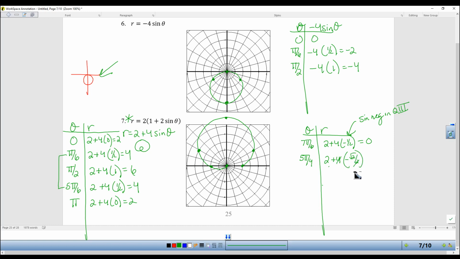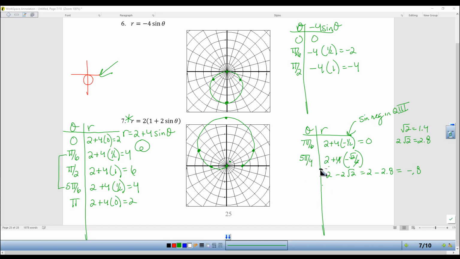These cancel, and I get negative 2 square roots of 2. Instead of 1.4, it's going to be 2.8. So the square root of 2, remember, is 1.4. So 2 square roots of 2 is going to be 2.8, which is a nice, easy subtraction. So at the 5 pi fourths line, I'm actually going to go to negative 0.8, which just means I'm putting it on the other side.